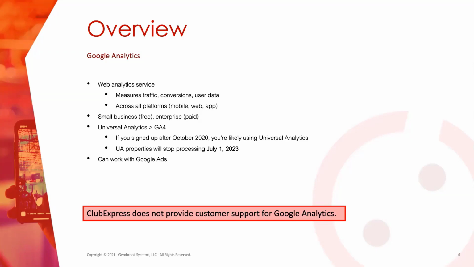So let's just quickly talk about that conversion date. Up until July 1st, 2023, all of your old Universal Analytics, and again, this is assuming that you've set that up already, all of that data is still going to be collected and it's still going to be processed. After July 1st, if you haven't set up anything for your Google Analytics 4 account, that data is not going to be collected.